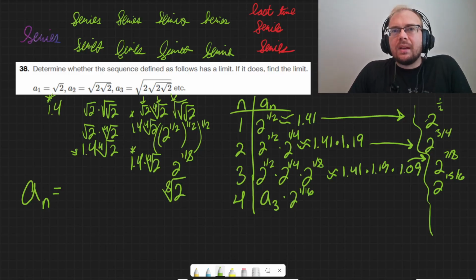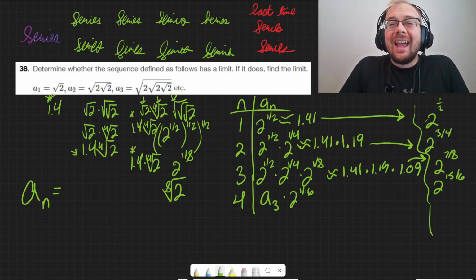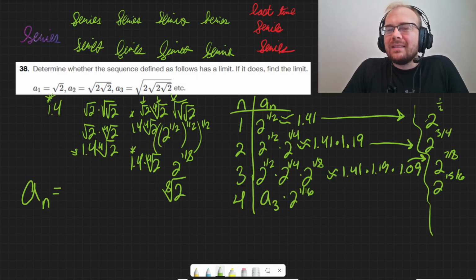It's hard to write this explicitly, but just so we get to the answer, you can let me know in the comments below if you want to see the work for this, because it's really crazy trying to write this explicitly. Essentially, the fraction gets closer and closer to 1.